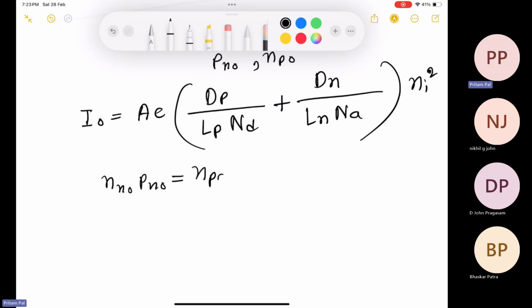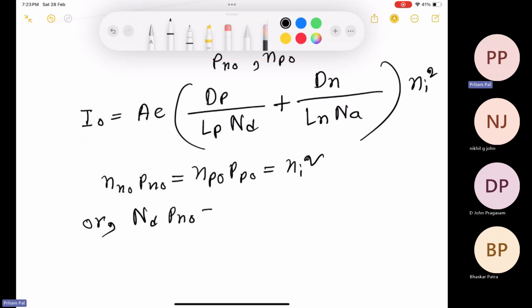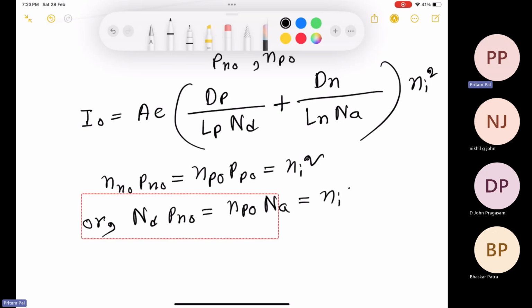From the mass action law you can write this as n_i squared, or you can write N_D p_n0 and p_0 N_A, which is also n_i squared.